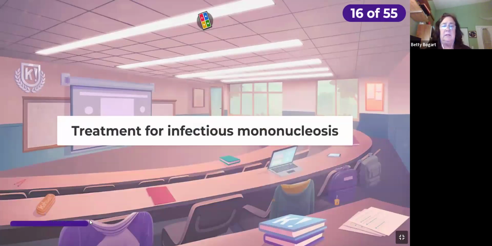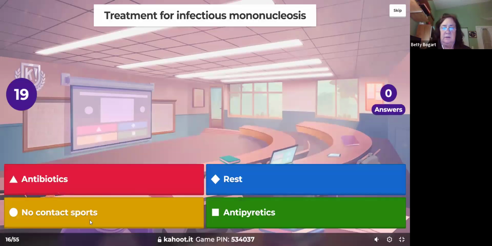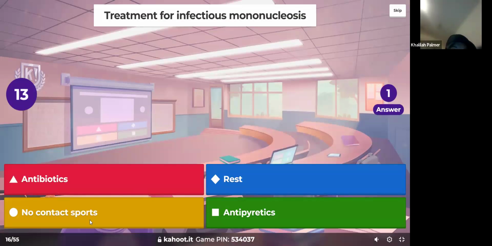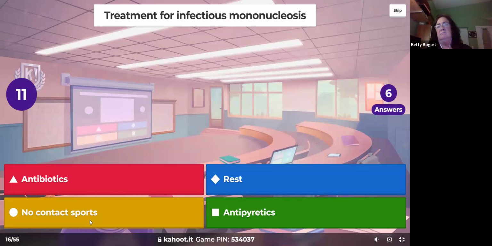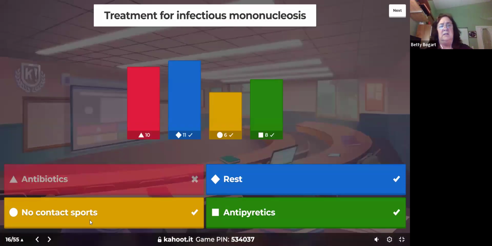A multi-select: treatment for infectious mononucleosis. Remember, kissing disease, monospot tests. They come in, their throat hurts, they still feel horrible, aches and pains.